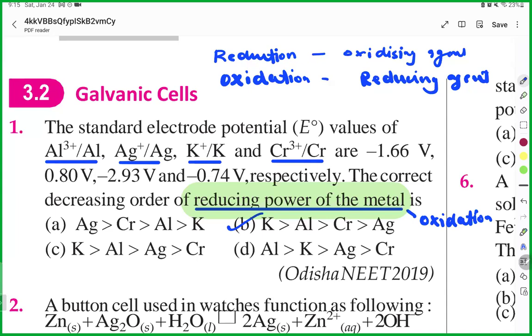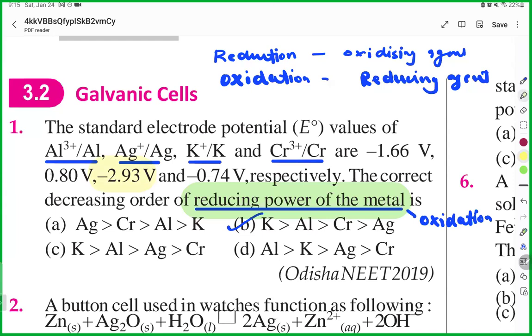Guys, reducing power of metal means oxidation. In the first question you have to identify which element will undergo oxidation. The easiest method is: more positive value, reduction; less value, oxidation. So where you have the least value in the third, least value means oxidation.